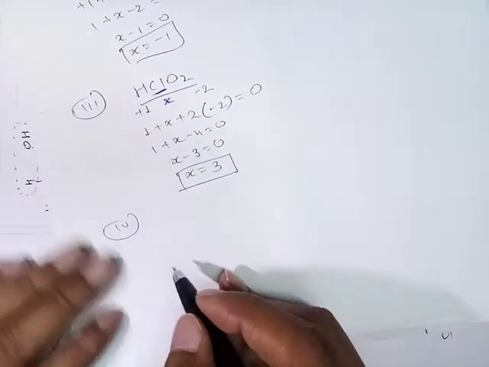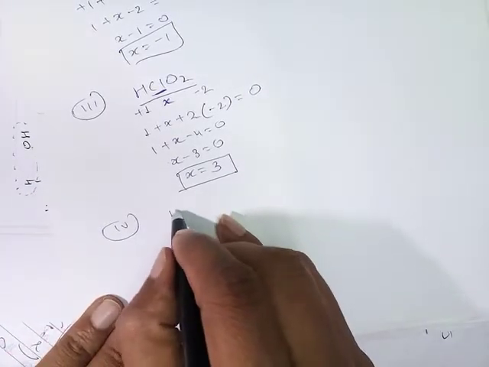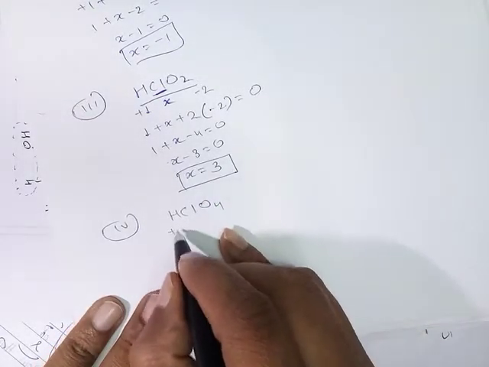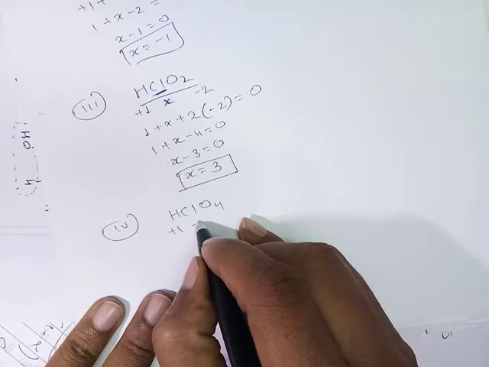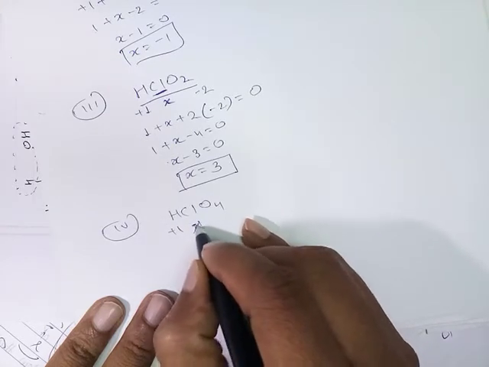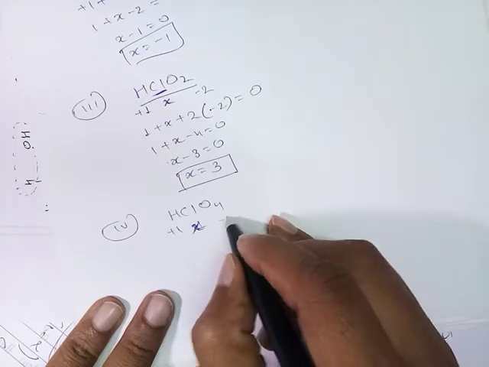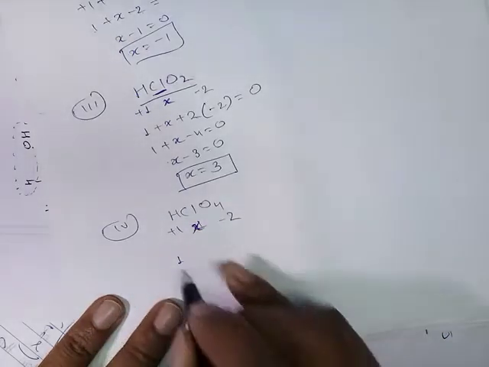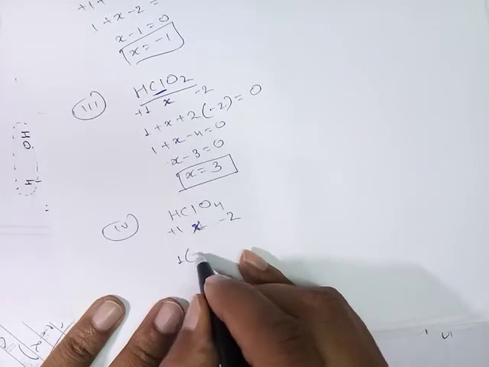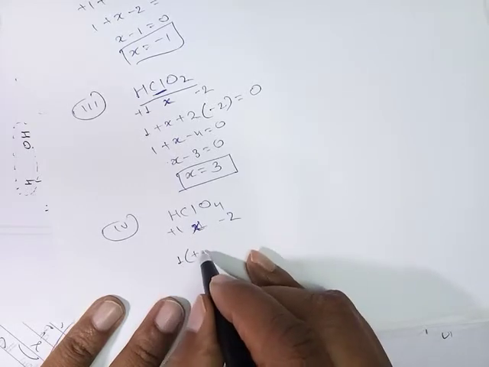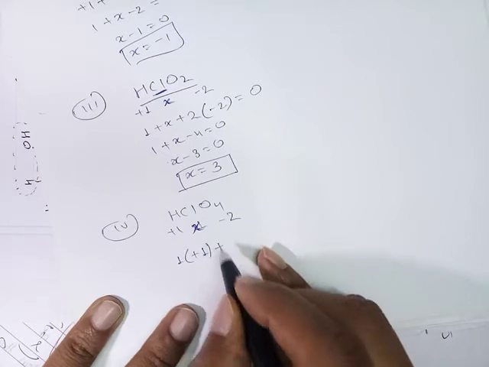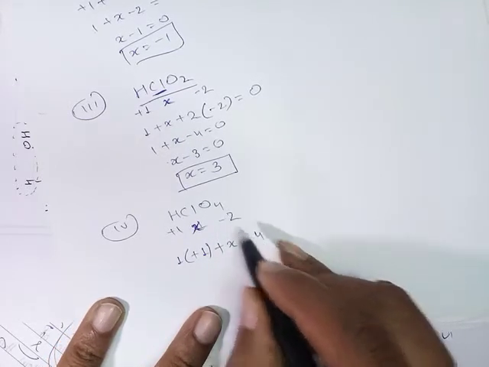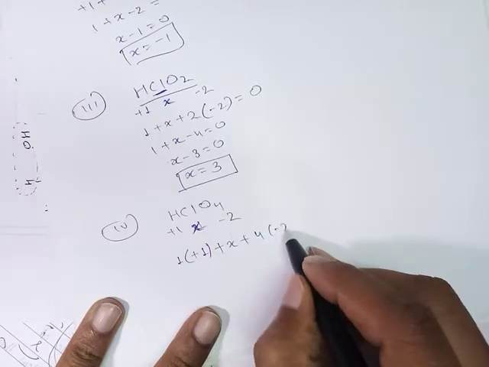Next one is HClO4. Here the oxidation number of hydrogen is plus 1, chlorine is X, and oxygen is minus 2. The number of hydrogen atoms is 1, and one hydrogen atom contains plus 1 charge, plus X, plus the number of oxygen atoms is 4, and one oxygen atom contains minus 2 charge.